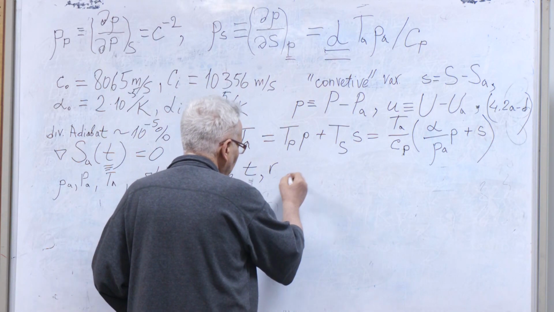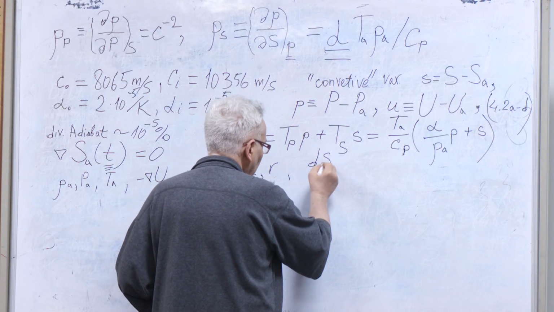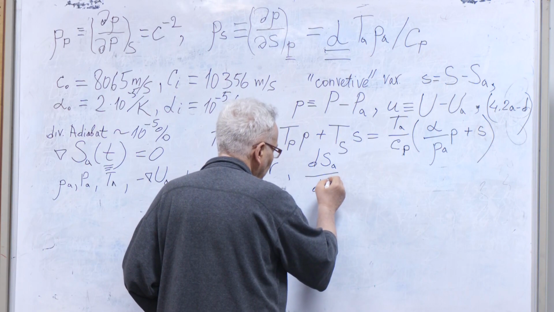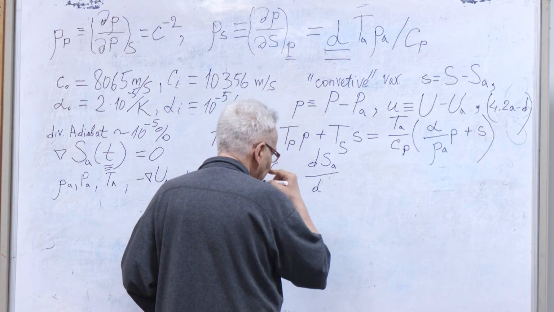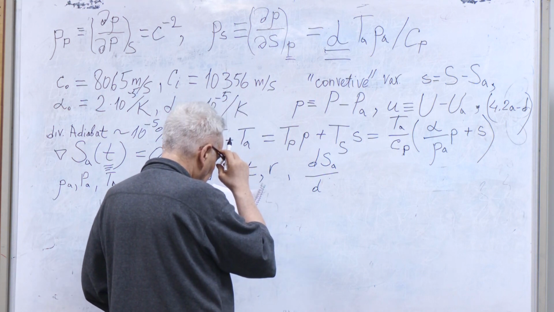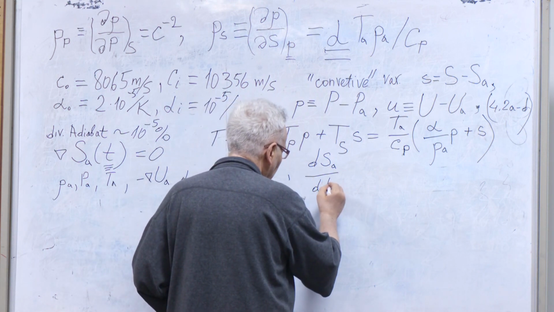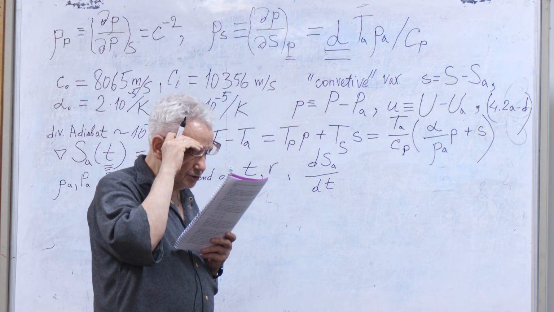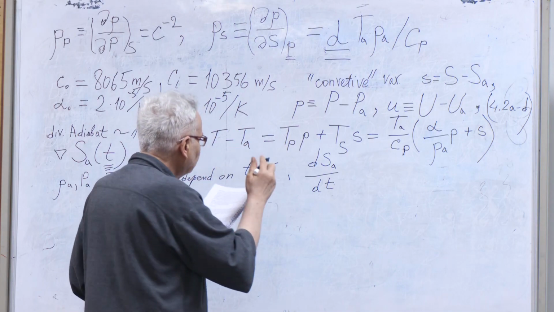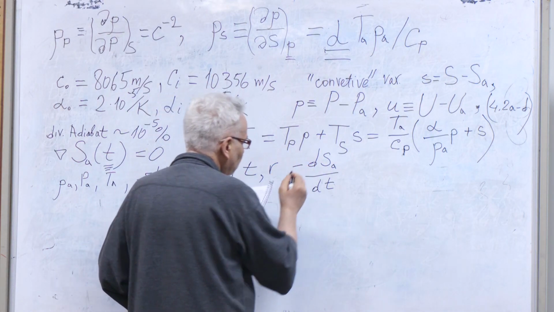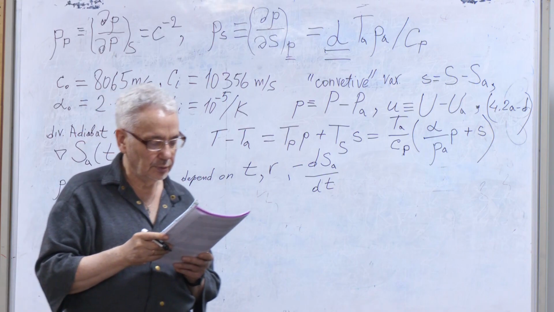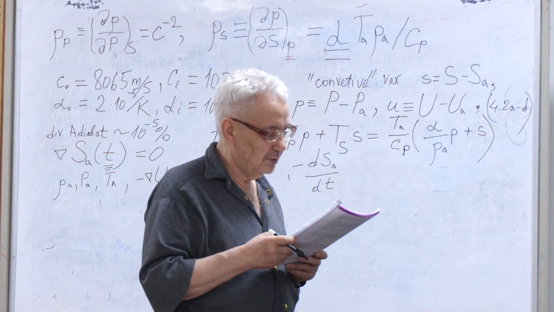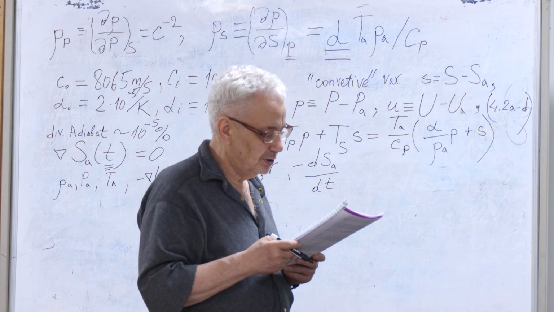We can write down that the direct derivative of S_A depends on time only. And this actually drives the convection in some sense. More precisely, it's with the minus sign, based on the definition of entropy given in Landau and Lifshitz.